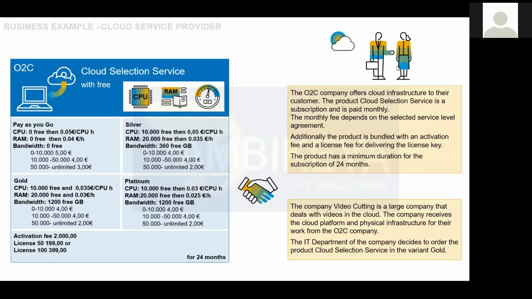And we use this example also to show all processes. That means if you are a participant of the AC230, you start with a subscription contract, or you start before with a subscription order, you configure your cloud selection service, then you submit the order and you get a subscription contract.